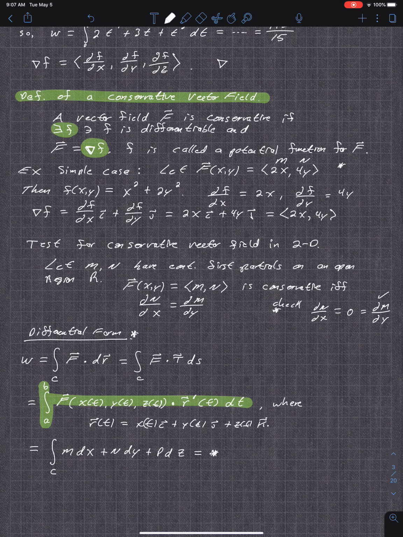Think of that as like partial x, partial y, partial z, and it operates like multiplication. Just multiplication by itself doesn't really mean anything. You've got to attach it to something. Same kind of idea. You can think of that like a dot product, and that's a vector.